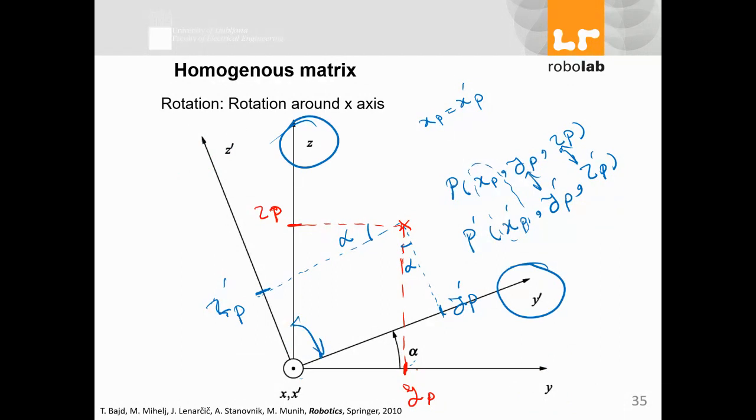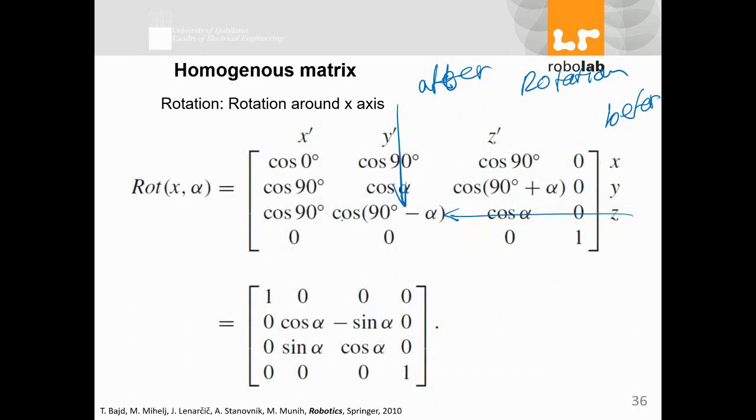This angle. Can you see the angle? Originally it was 90 degrees, and you took away alpha. It's 90 degrees minus alpha. So that's the angle between z before rotation and y after rotation.